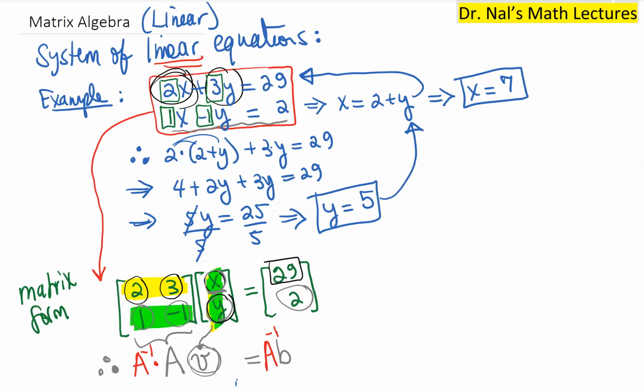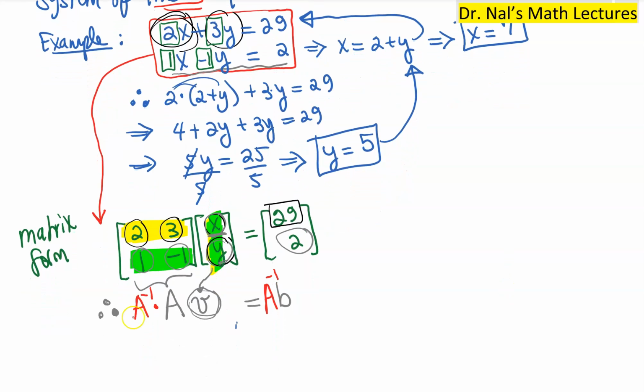So once I do that multiplication, these two will just give me an identity. An identity multiplied with V. On the right hand side, we still have A to the minus 1 times B. Identity multiplied with any vector is still V itself, and there you go. So it is just A to the power minus 1 times B.